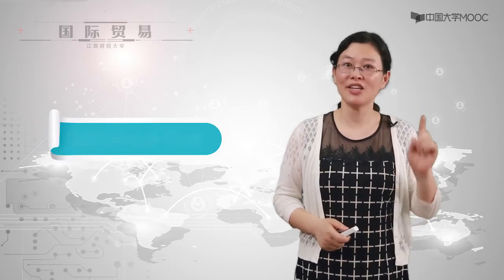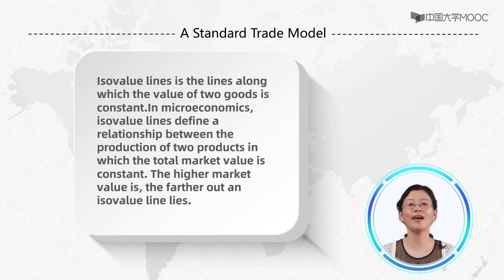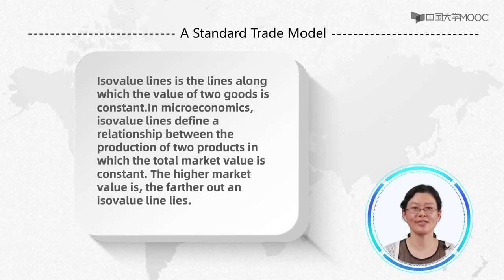We need to introduce another concept, the value line. Value lines are the lines along which the value of 2 goods is constant. In microeconomics, an isovalue line defines the relationship between production of 2 products in which the total market value is constant. The higher the market value is, the farther out an isovalue line lies.